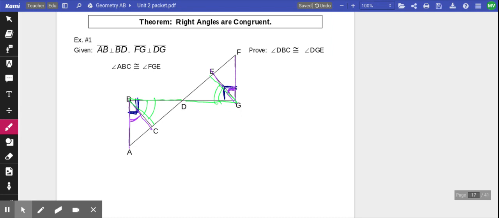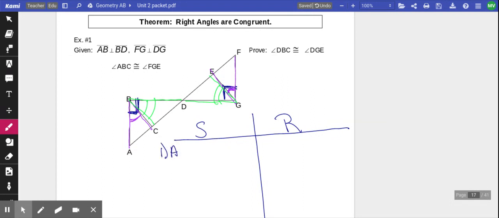So let's start off with our givens. Again, we draw our chart here, and this is statements and reasons. I'm going to be lazy and label it S and R. And of course, we always need to write our givens. So we know AB is perpendicular to BD. FG is perpendicular to DG.